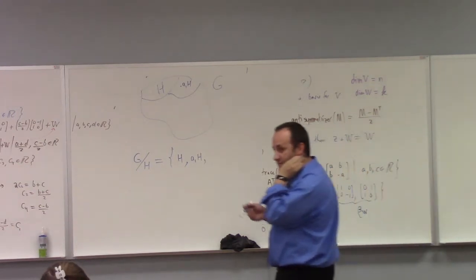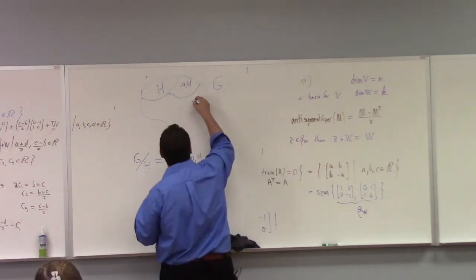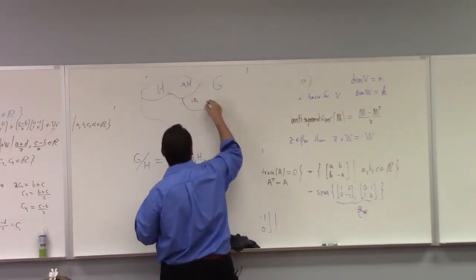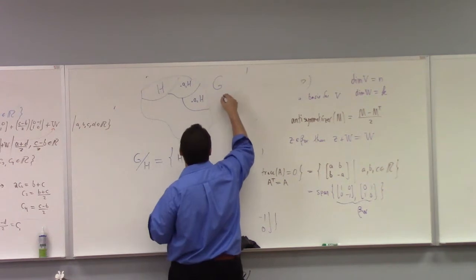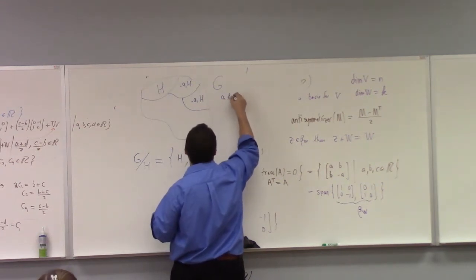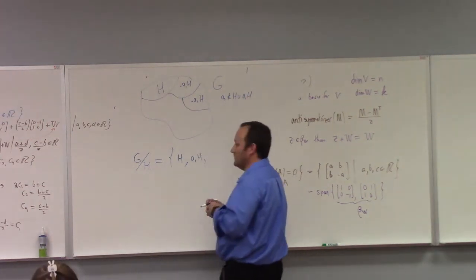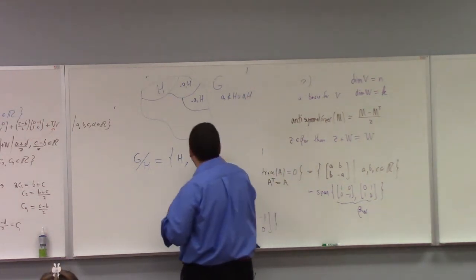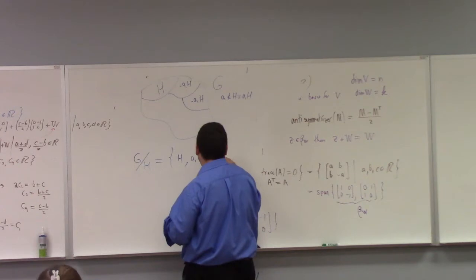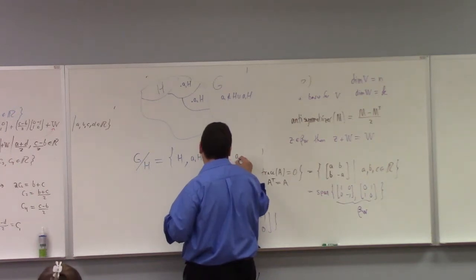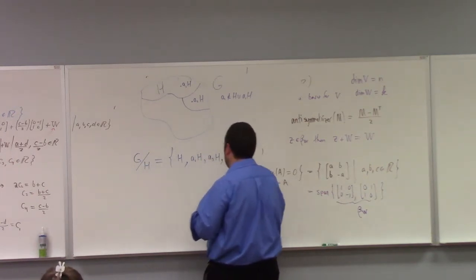so the next thing to do is to pick an A2, right? And that will give you A2H, right? And the deal is A2 is not an element of H union A1H, right? And then you just keep doing this until you exhaust.